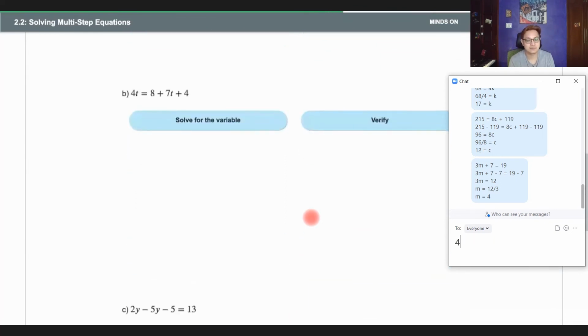Okay, so this one, 7t plus 40 equals 8 plus 7t plus 4.